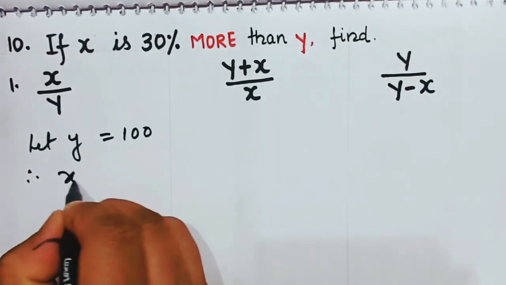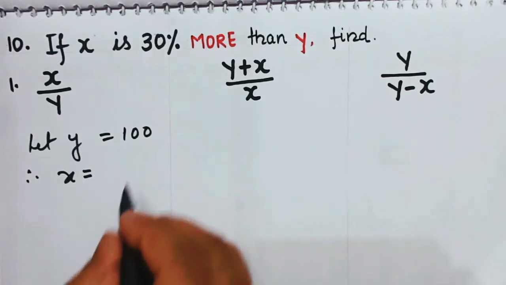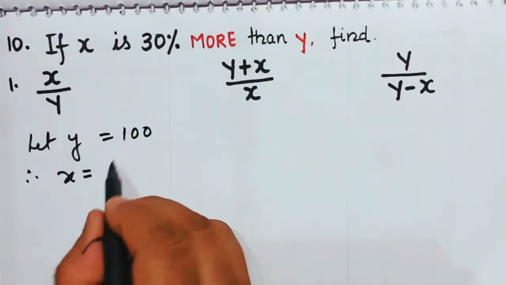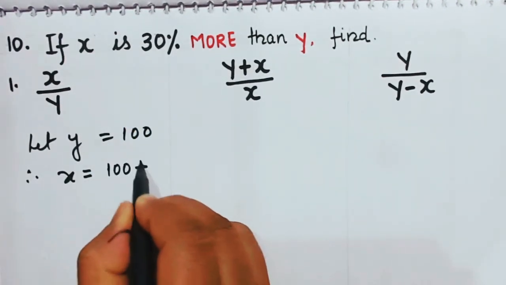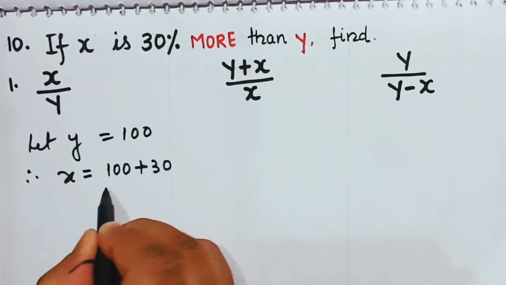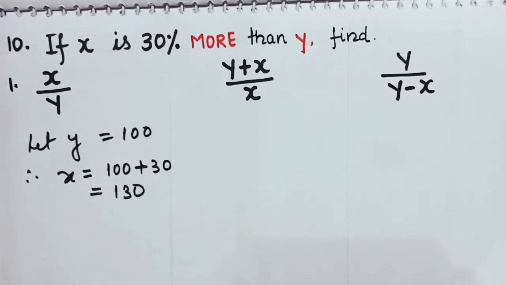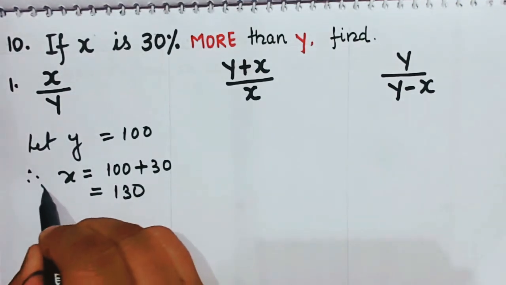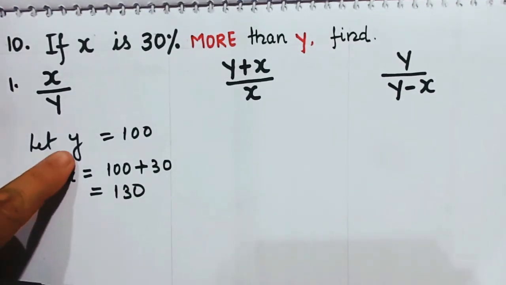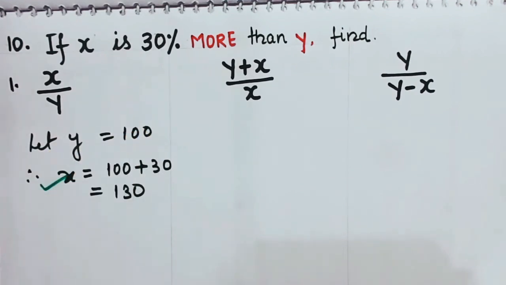Therefore, your x will become 30% more than this, means 100 plus 30 is equal to 130. So you have found out the value of x also, and you have already taken y as 100.